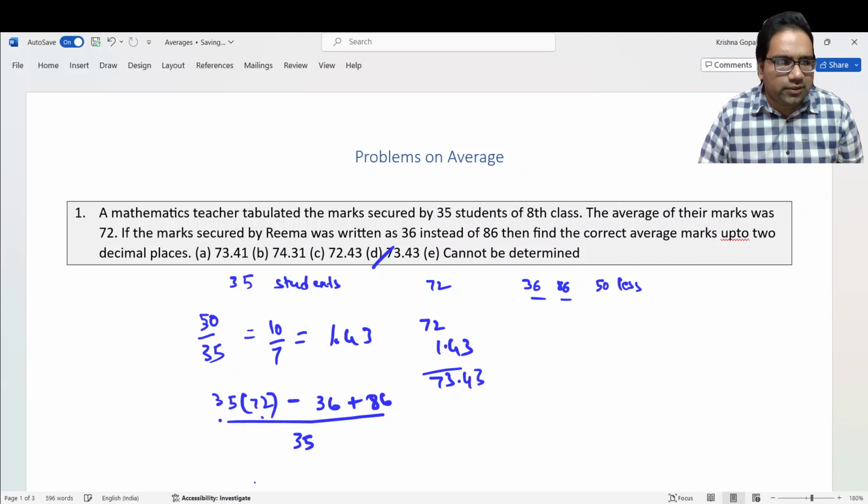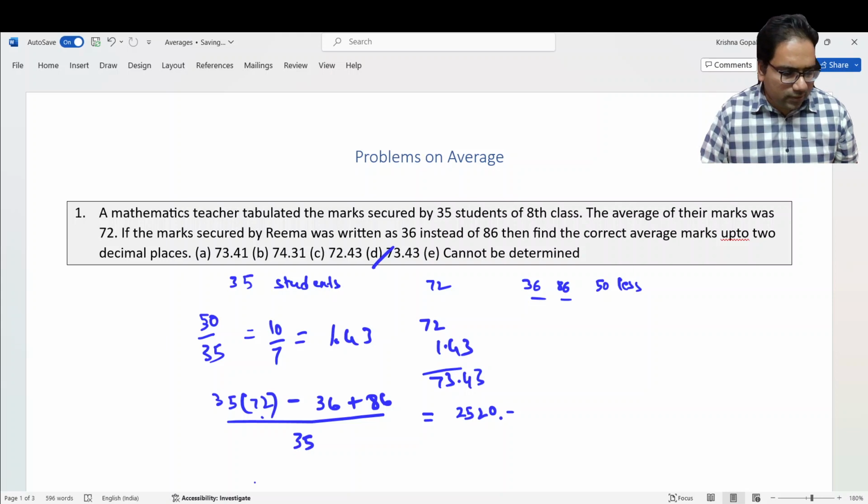You have to multiply 35 into 72, then you have to divide it by 35, which is all very cumbersome. 35 into 72 is how much? This is 2520. Basically, you can do 70 into 36 as well.